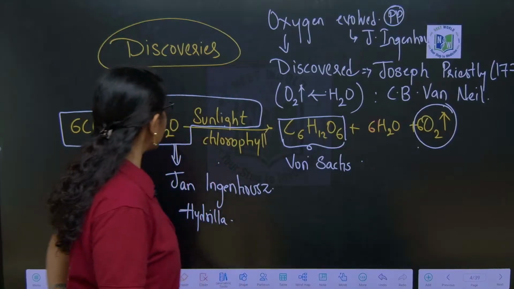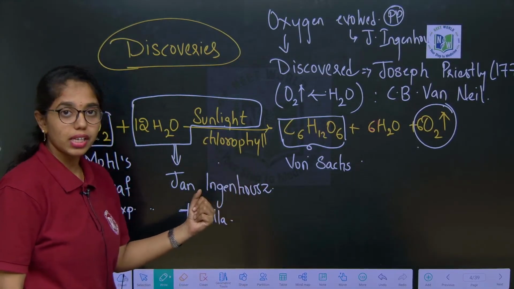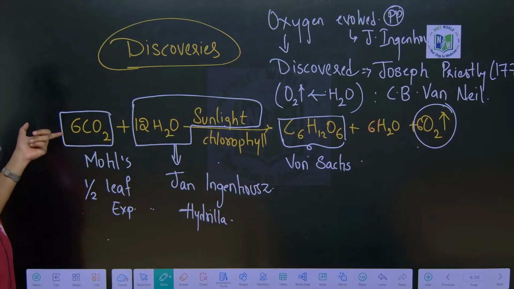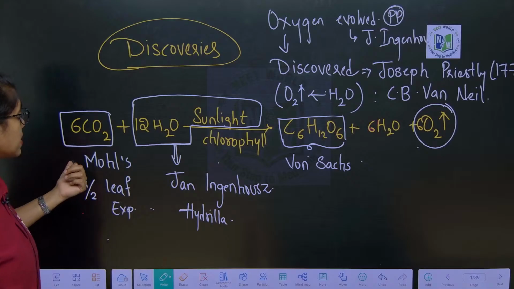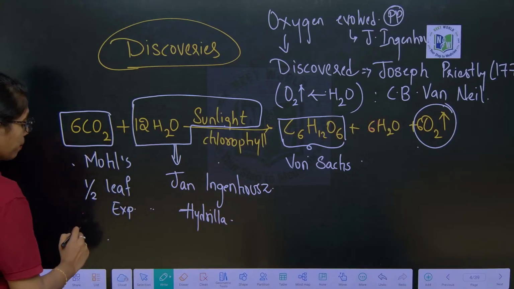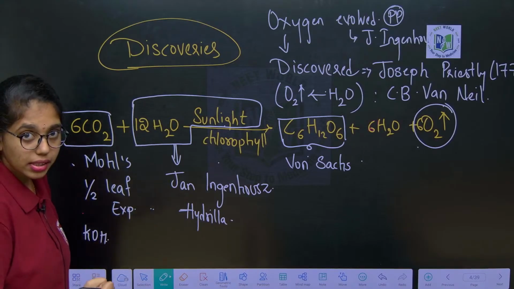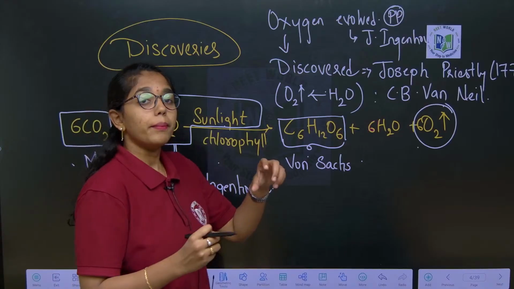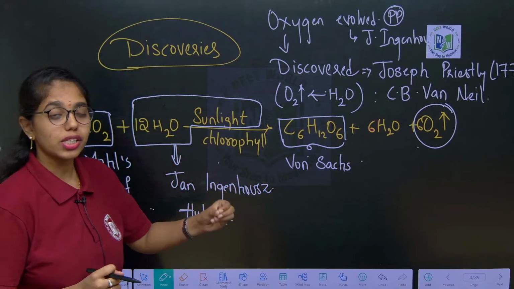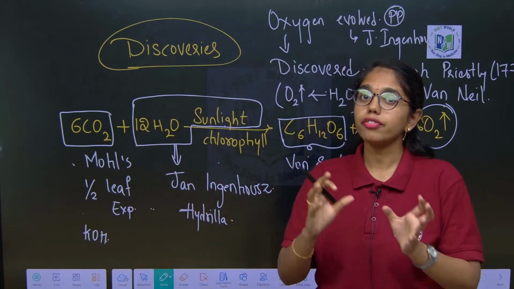So yes, from this standard equation of photosynthesis, the complete discoveries are at your fingertips. First, carbon dioxide is essential for photosynthesis, said by Moll's half-leaf experiment, wherein KOH completely absorbs carbon dioxide, which at the end of the starch test makes the leaf half blue-black color and half pale color.